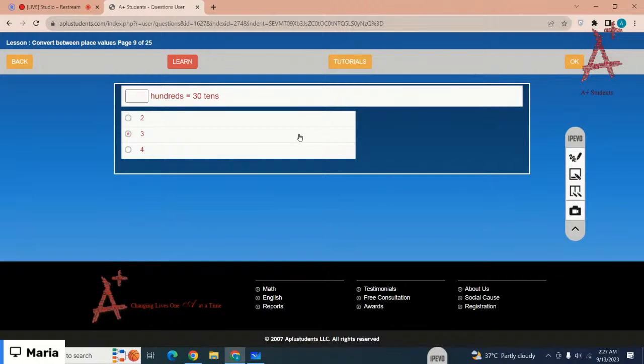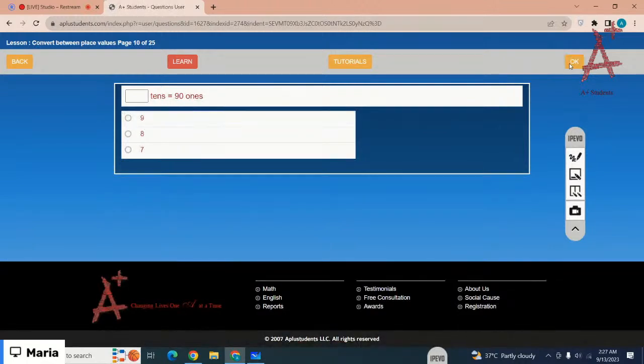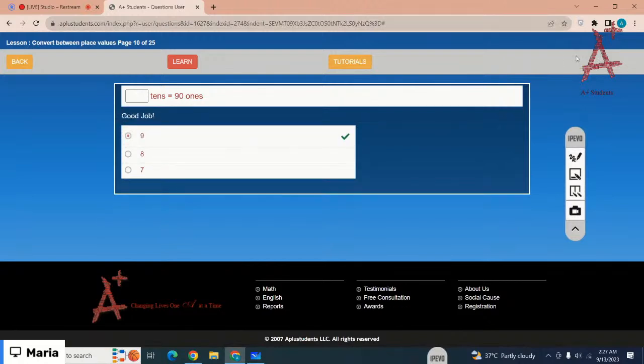The correct option is 300s. 91 equal how many tens? Yes, 91s equal 9 tens. The correct option is 9 tens.